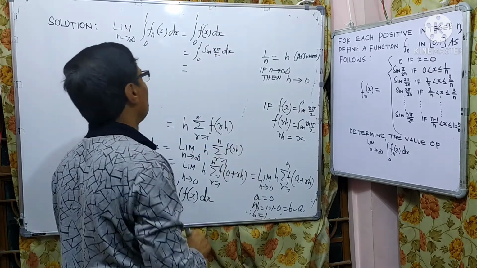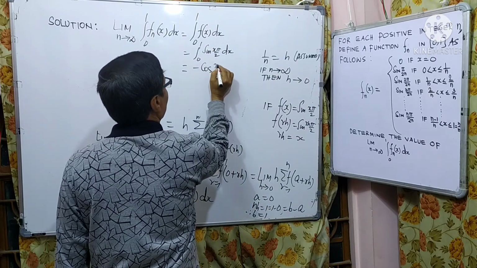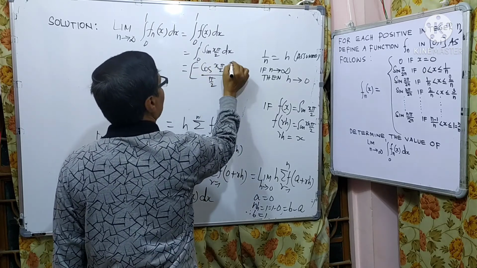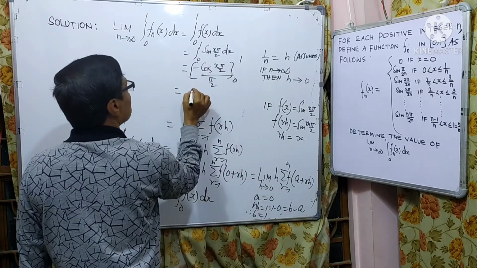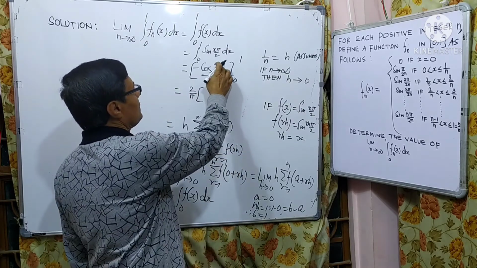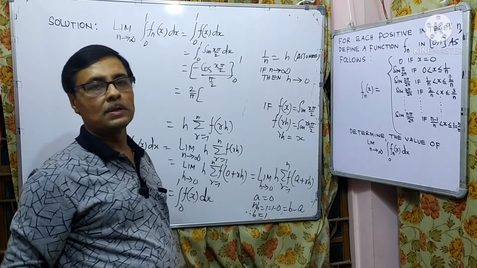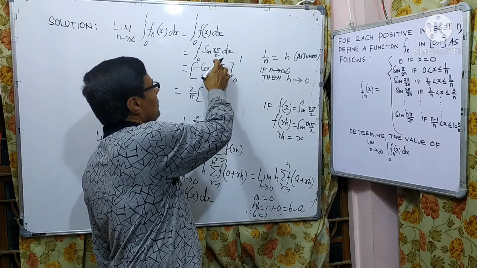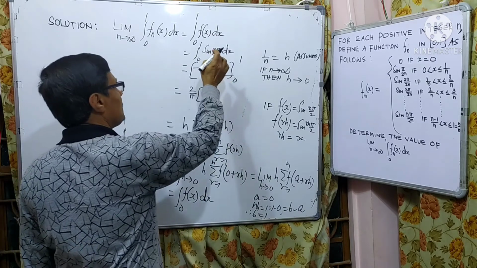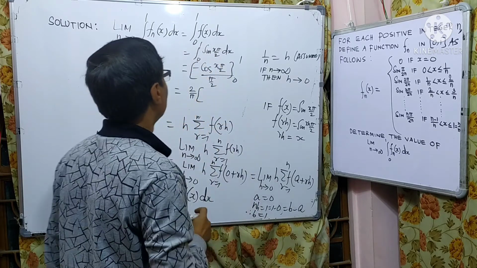So if we integrate this function, we get minus cos x pi over 2 over pi over 2, limit 0 to 1, that is 2 over pi, minus. At the upper limit 1, x equal to 1, so the value is cos pi over 2, which is 0.